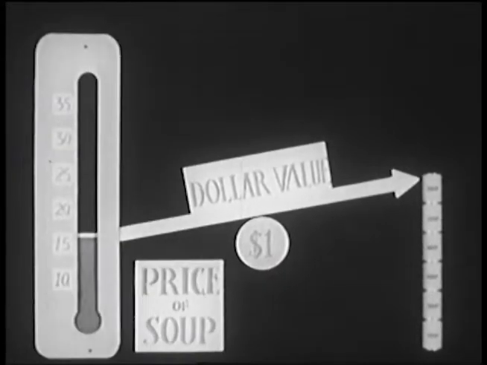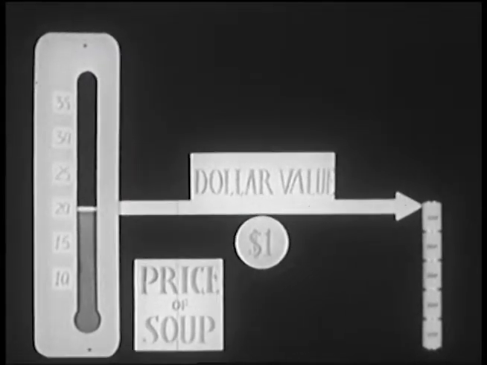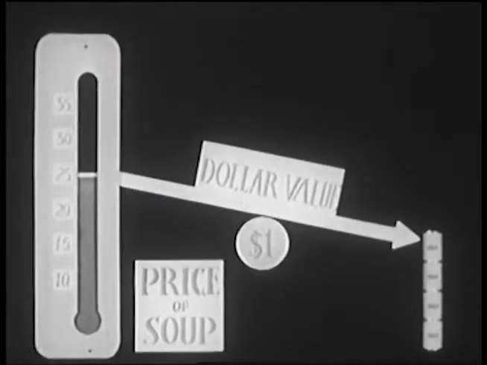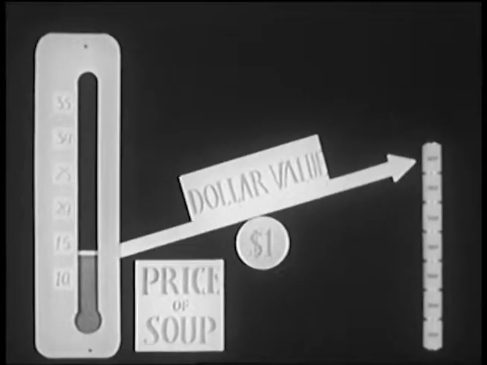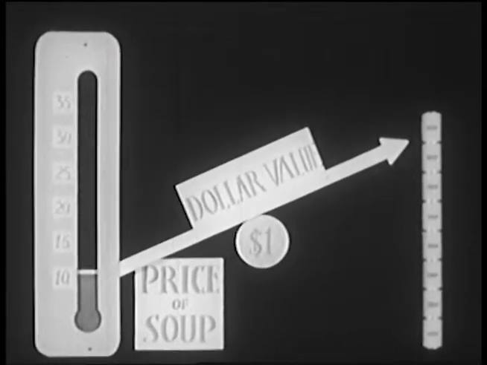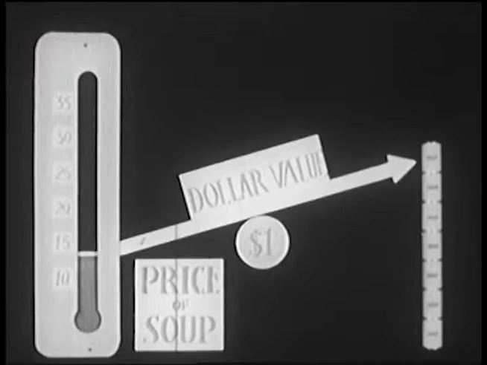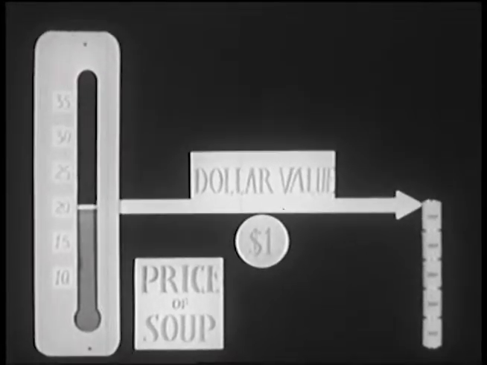Thus, the price of soup determines the value of a dollar in respect to soup. As the price goes up, what the dollar will buy goes down. And as the price goes down, what the dollar will buy goes up. So we say the value of the dollar is inversely related to prices.